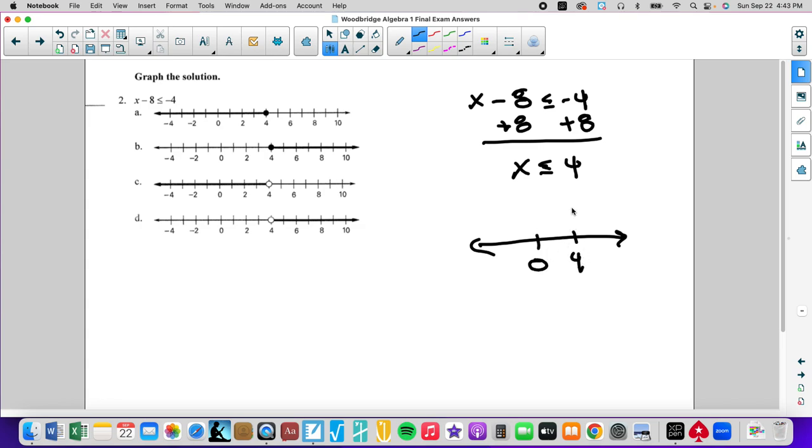I show where my border is between true and false, or solutions. I'm going to include my boundary, and then I need solutions that are less than. So that's going to be to the left. Which one of these goes to the left? Closed circle over 4. That goes greater than. That doesn't include the boundary, so I know, again, my answer is A.